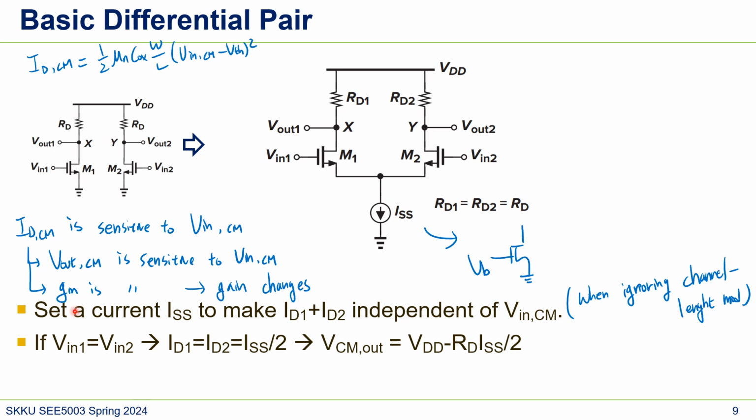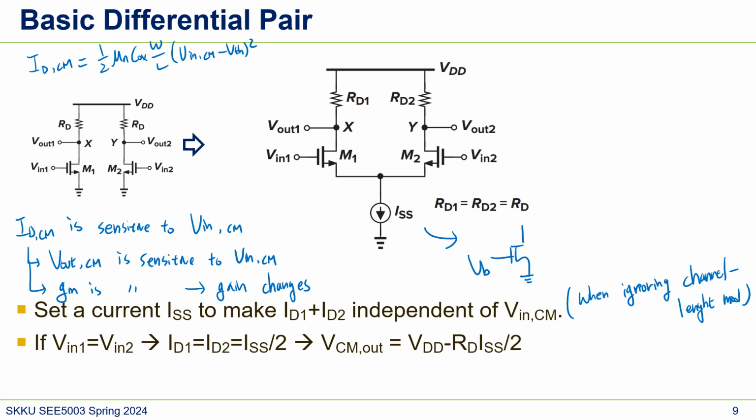And also, if the current is the same, then we can keep V out Cm constant, independent of V in Cm. If V in 1 and V in 2 are the same, then the currents are the same, which means each should be ISS over 2 because they have to share the current.